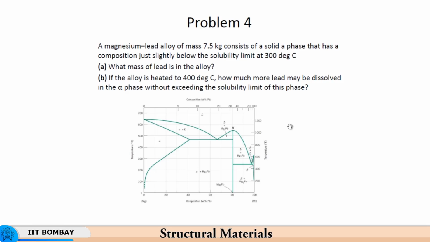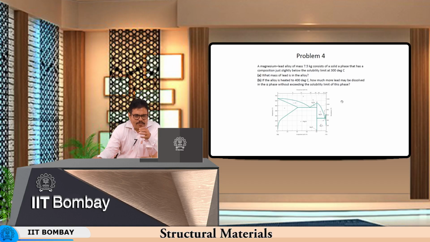and this results in the conversion from alpha to a eutectic type of phase. So what it means is alpha will no longer be alpha, the percentage of Mg2Pb is going to increase.